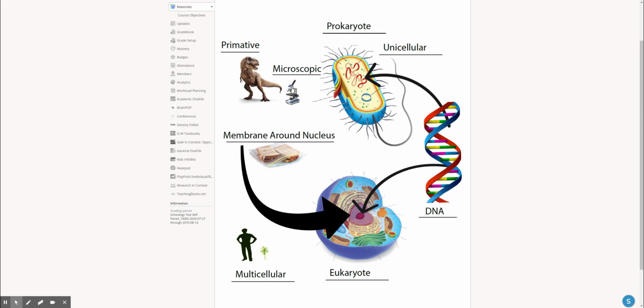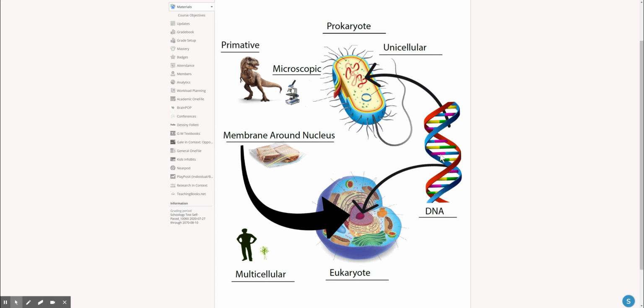And because it reproduces, then it must have DNA. So inside the cell, floating around like a spaghetti strand throughout the entire cell, is the DNA. This is what makes our eyes green, ears long or short, a dimple or no dimples, black hair or brown hair.